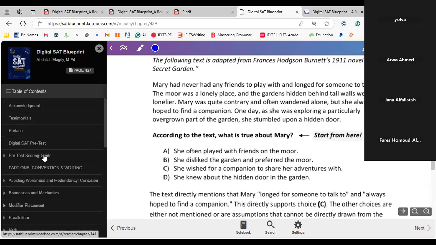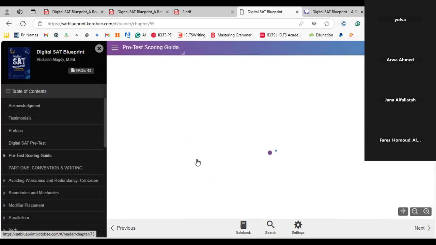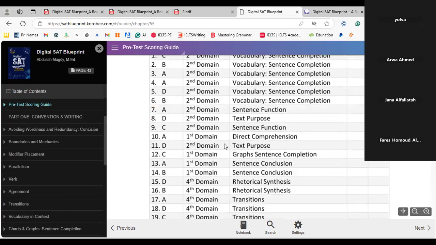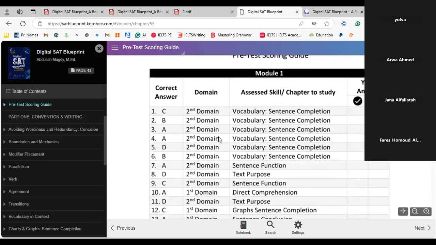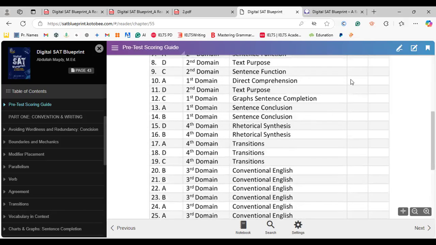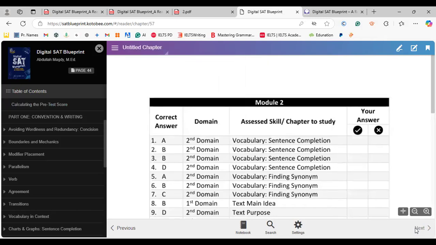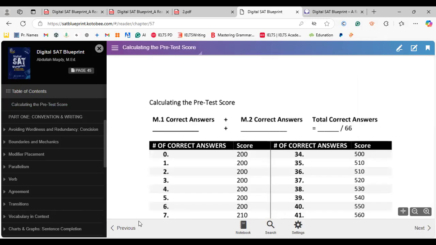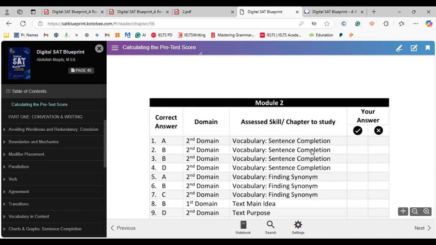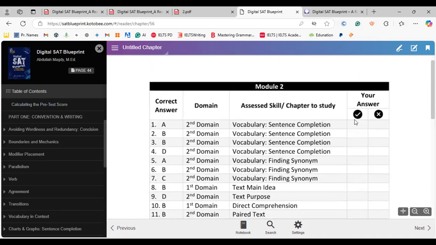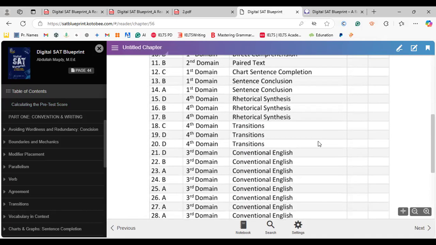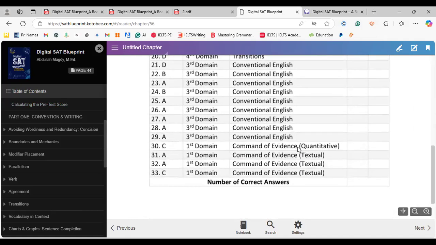So as you see here, we have the pre-test, and I highly recommend that we start with the pre-test. If you're going to study from the book, start with the pre-test, and after that, give yourself a chance to know the skills that you need to assess and excel in. There's also a post-test.